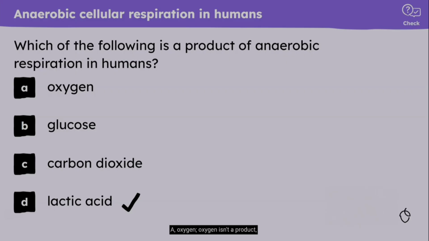A, oxygen. Oxygen isn't a product, nor is it a reactant of anaerobic cellular respiration. Anaerobic means without requiring oxygen. So oxygen's nothing to do with this. B, glucose. Well, that was the reactant, so it can't also be the product. C, carbon dioxide. Carbon dioxide gas is not involved in anaerobic respiration in humans at all. Well done if you got that right.